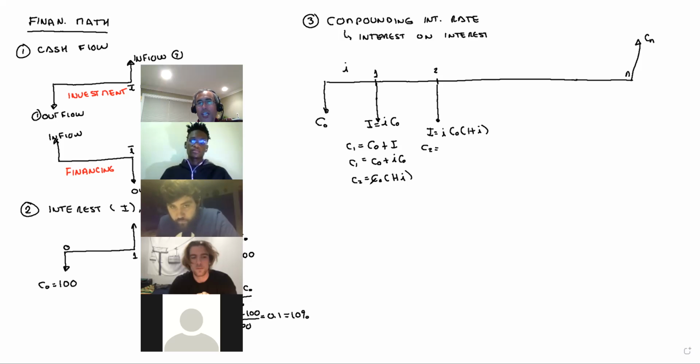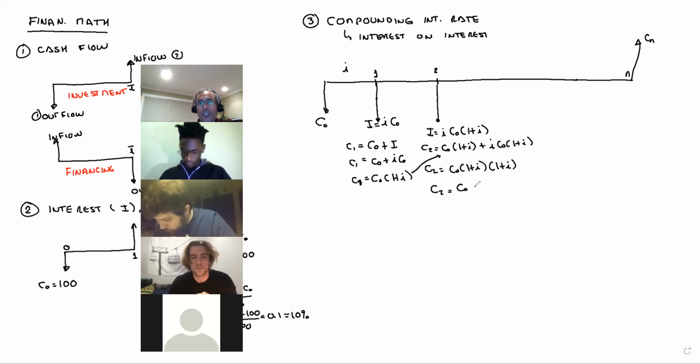It's going to be what I had at period 1, C0, 1 plus I, plus the interest, I times C0, 1 plus I. So if I do some calculations, guys, the common factor is C0, 1 plus I times 1 plus I. So at the end of the day, C2 is going to be equal to C0, 1 plus I squared.